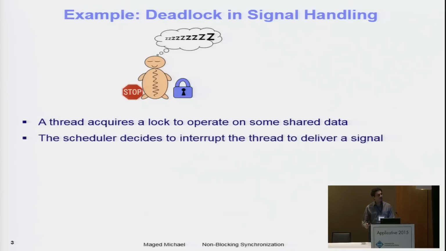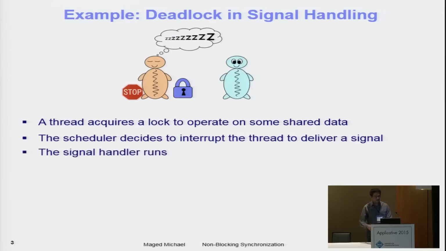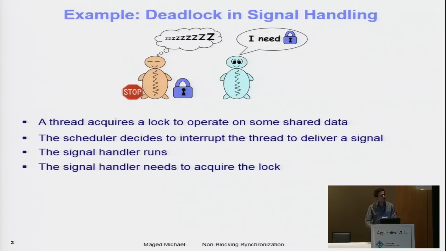The scheduler decides to interrupt it to deliver a signal. So now you have the signal handler running while the main thread is blocking, or basically waiting for the signal handler to complete. The signal handler needs to acquire that lock. So now we have a situation where it is actually a deadlock.